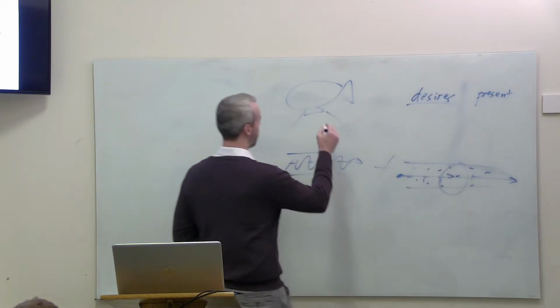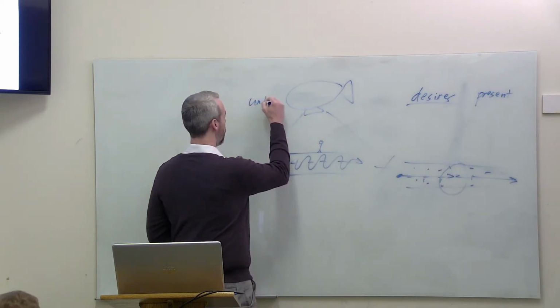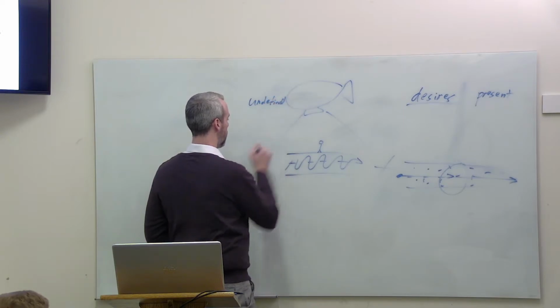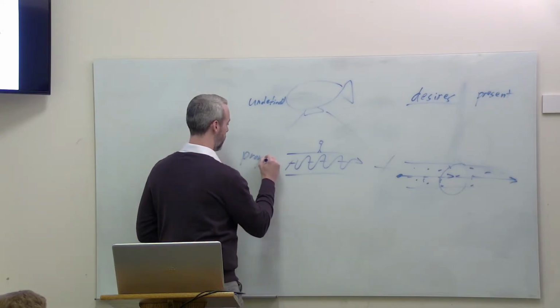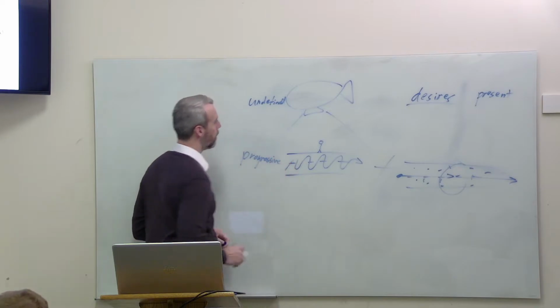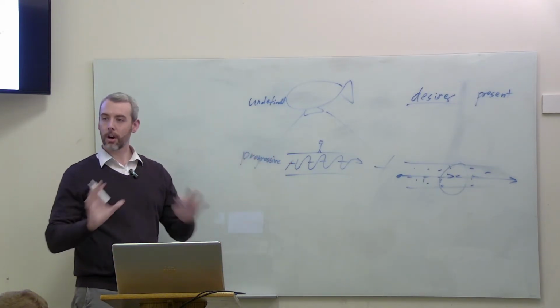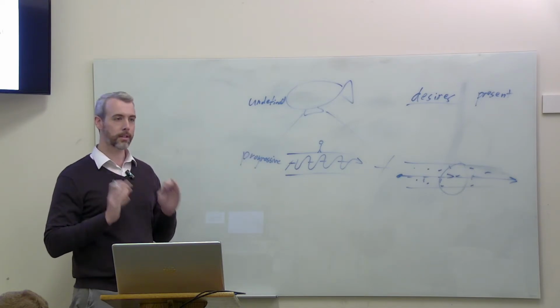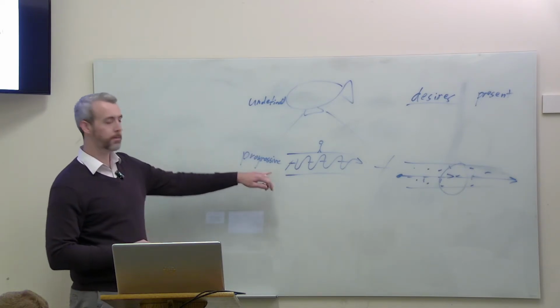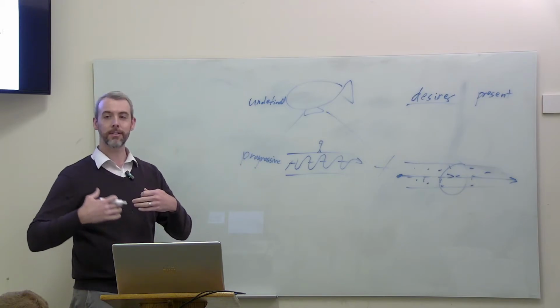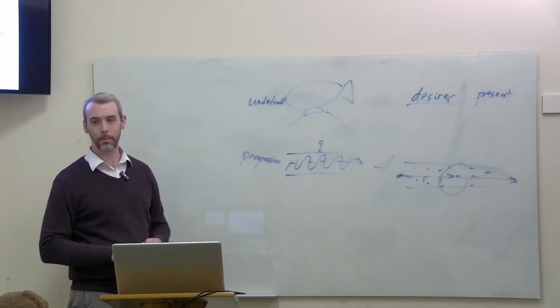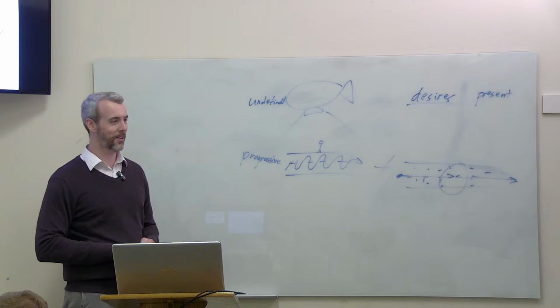Is this undefined or is this progressive? Are we supposed to just view this as God's overarching desire? So God desires? Or are we supposed to view it as ongoing activity, that God is desiring for all people to be saved?